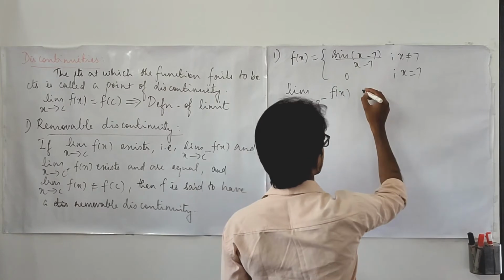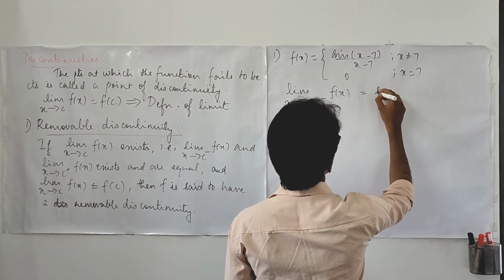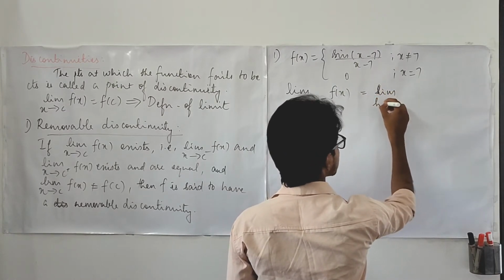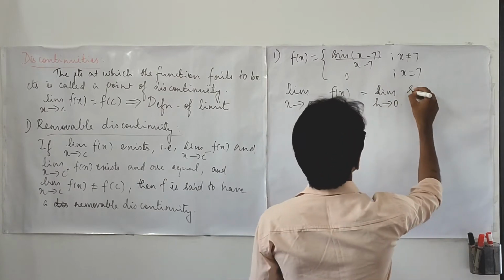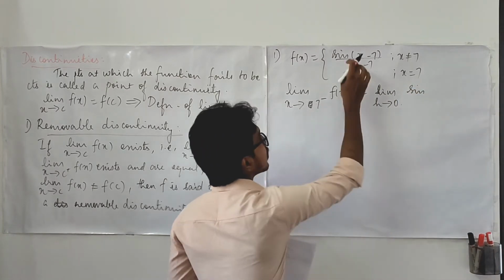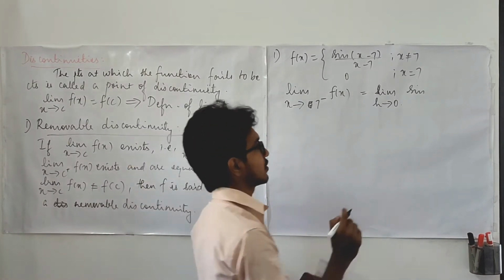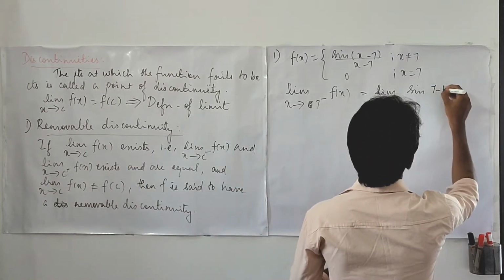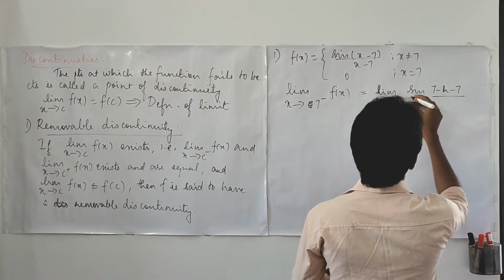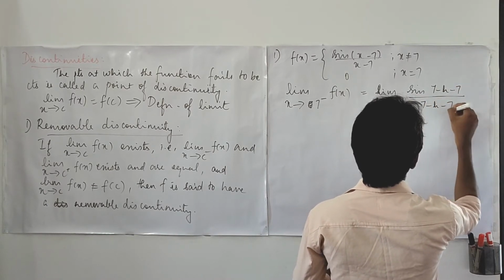Therefore it lands in this category. Here what are we going to get? We are going to get the limit as h approaches 0, and in the place of x we substitute 7 minus h. So it is 7 minus h minus 7 upon 7 minus h minus 7.